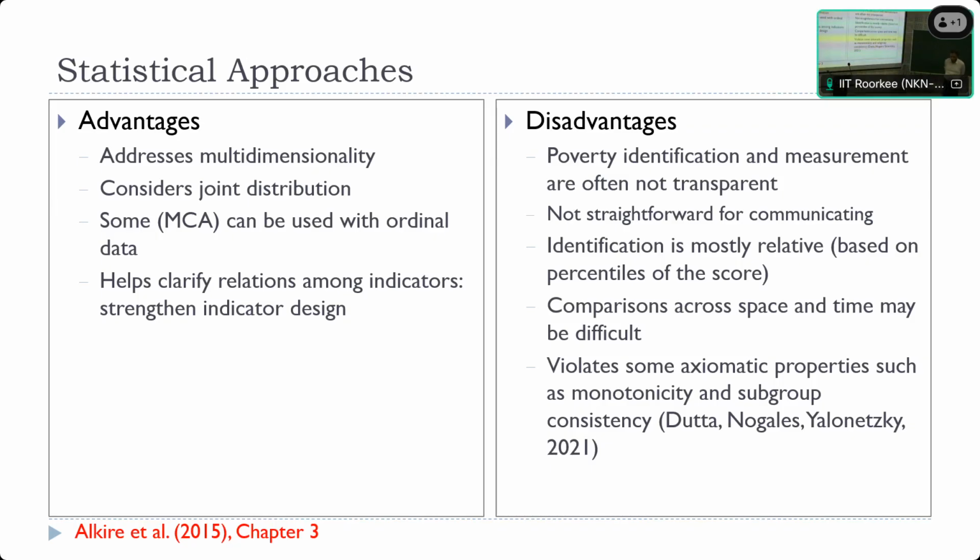So for constructing a poverty measure, PCA is never justified. So never use a PCA to create a poverty measure. Now suppose you have got 10, 12 different indicators. You are just curious to understand, they have different levels of correlation, which one is more redundant, more correlated.